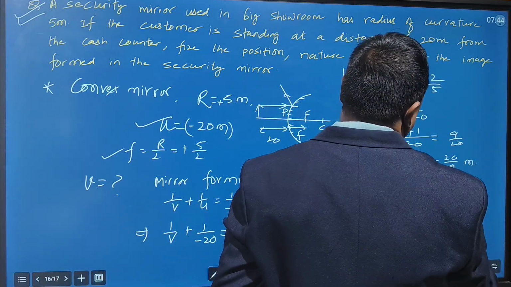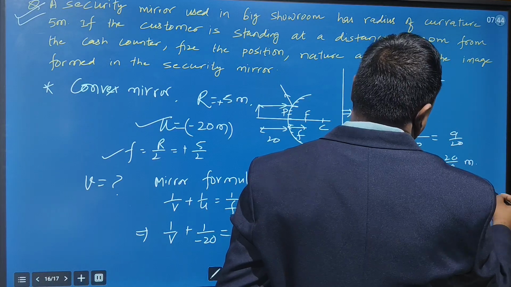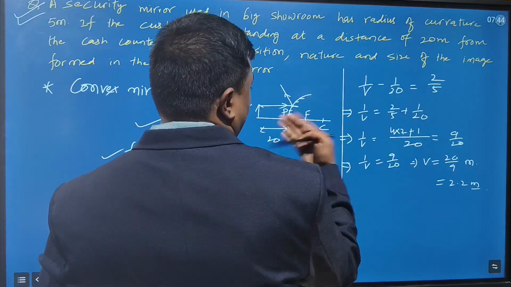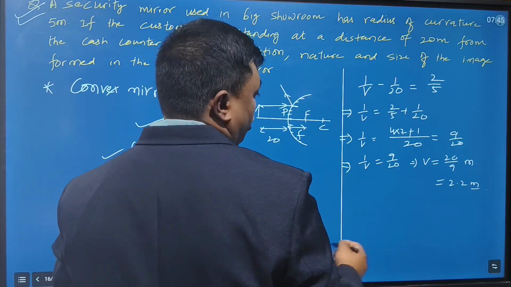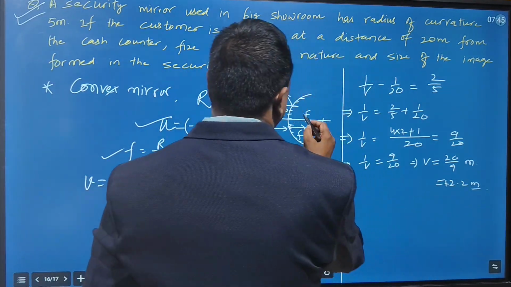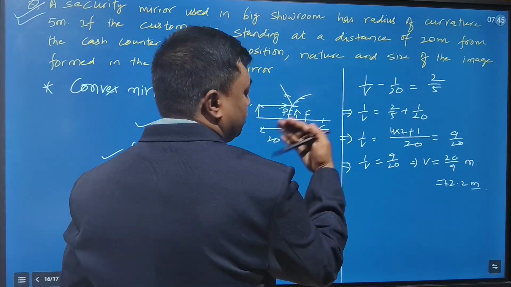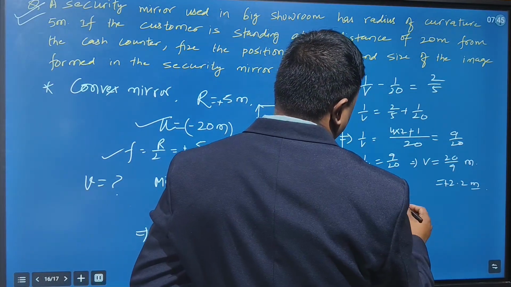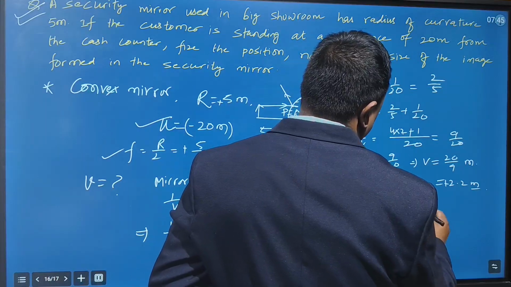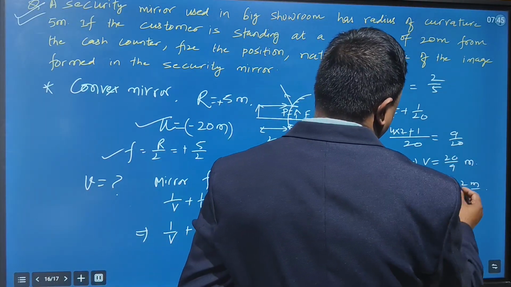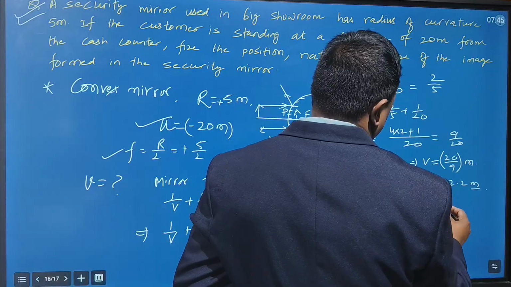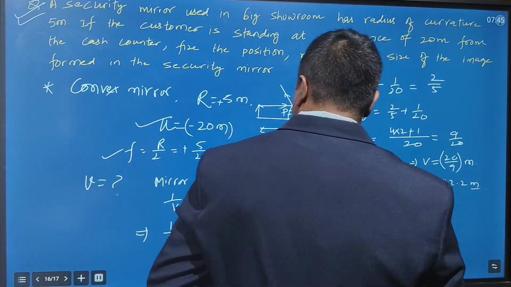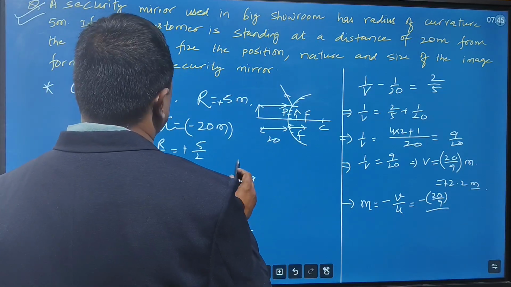If you solve this, you will get approximately 2.2 meters. So the image will be formed 2.2 meters behind the mirror. So v is positive obviously, and the image is virtual. What is the magnification? Magnification is equal to minus v by u. v is 20 by 9 and u is minus 20.